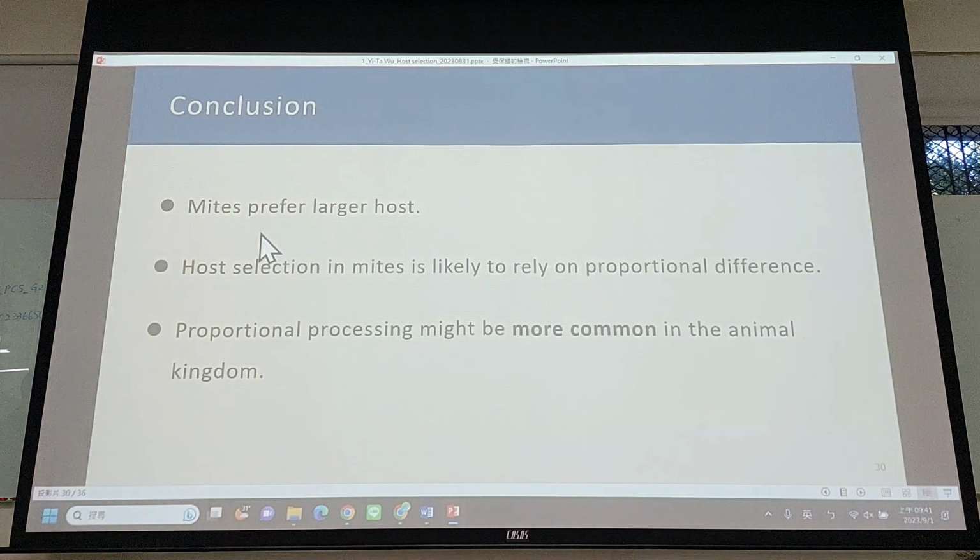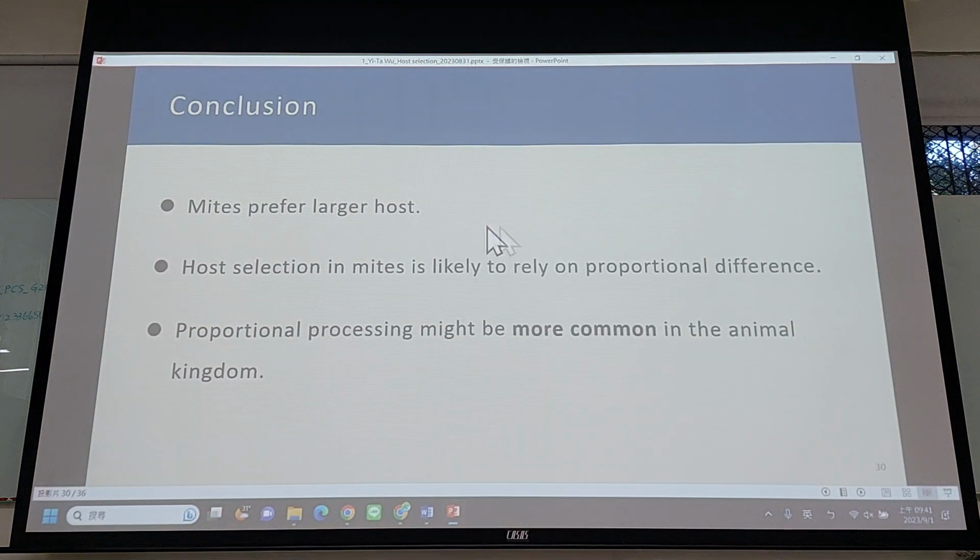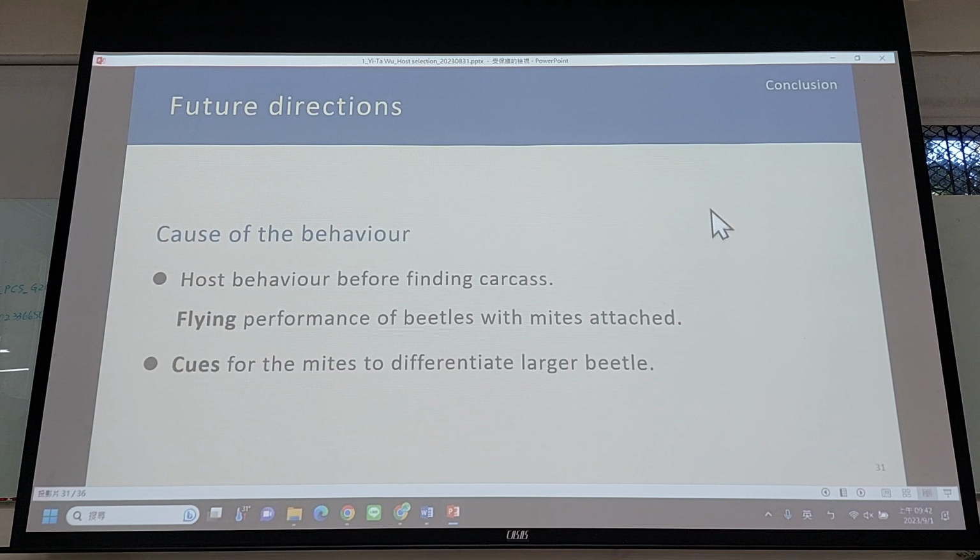Okay, so our conclusion is that mice prefer larger hosts, and host selection in mice is likely to rely on proportional differences in most cases. And proportional processing might be more common in the animal kingdom, including in invertebrates. And the future direction might be the causes of the behavior, like the host behavior before finding the carcass, and like the flying performance of beetles with mice attached to them.